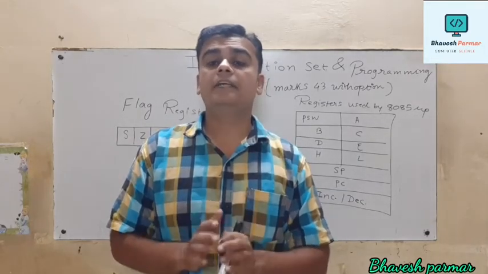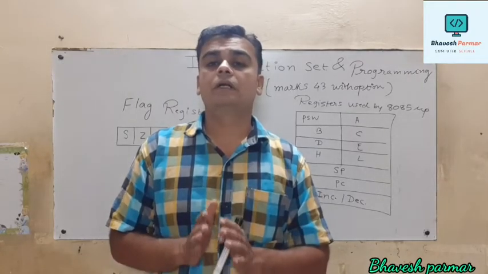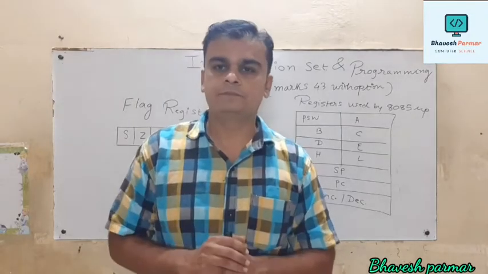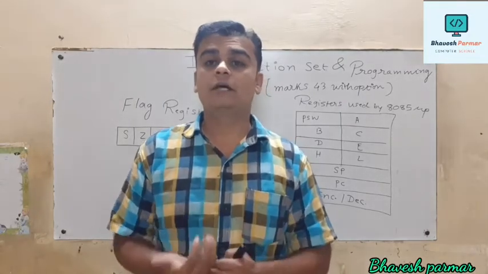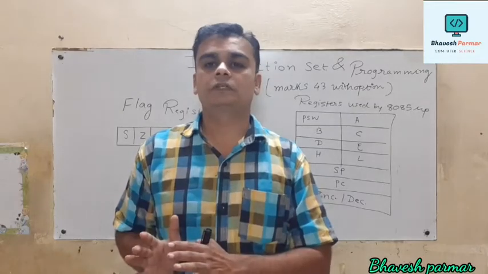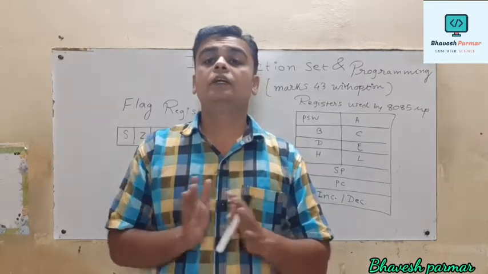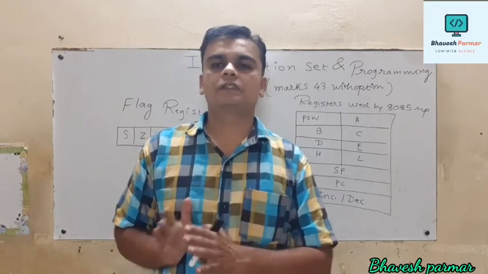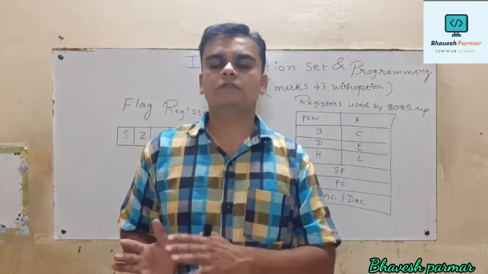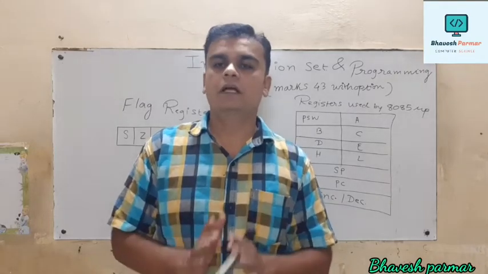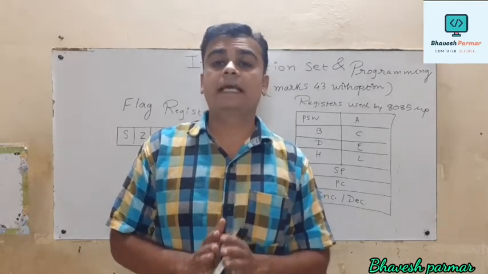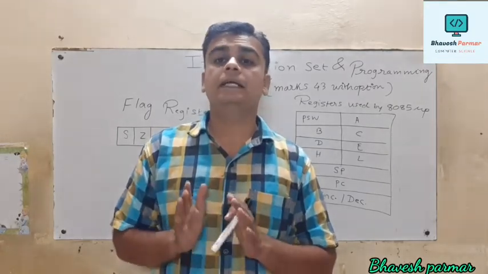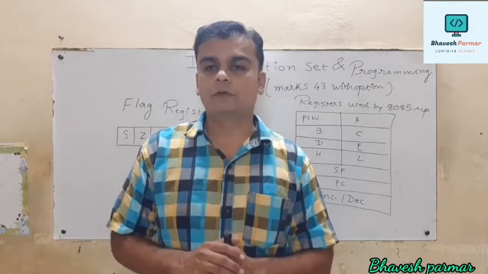First of all, 30 marks of assembly language program questions are asked. Out of these 30 marks, we have to solve 2 questions for 10 marks, so the rest of the questions are optional. These 2 program questions carry 10 marks, which means out of 30 marks we have to solve 10 marks of assembly language programs compulsorily.